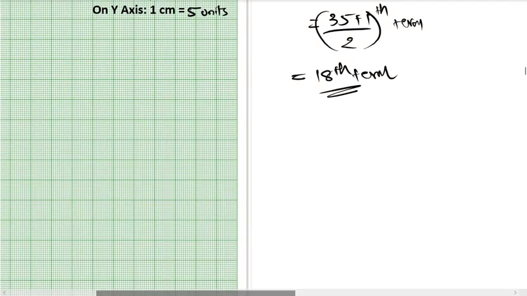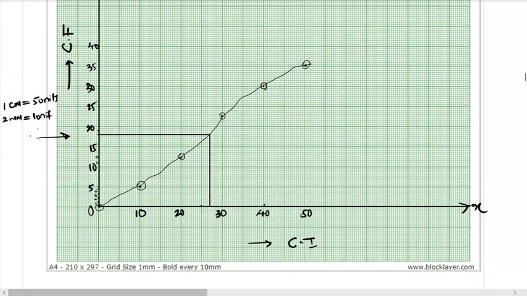And then you found 18 on the y-axis, that is the cumulative frequency axis, just 4 lines below 20. From that 18 you drew a straight line to intersect the ogive at a certain point, and from there you drew a line downwards to meet the x-axis, that is your class intervals, right?